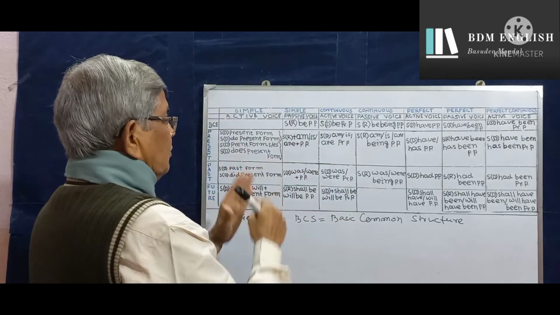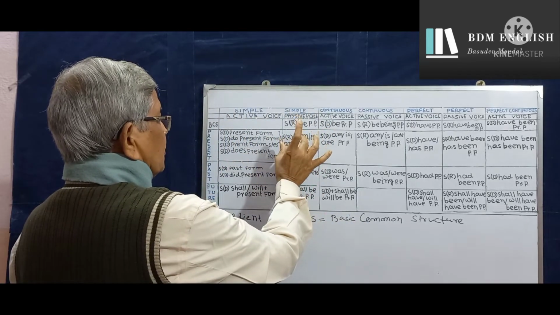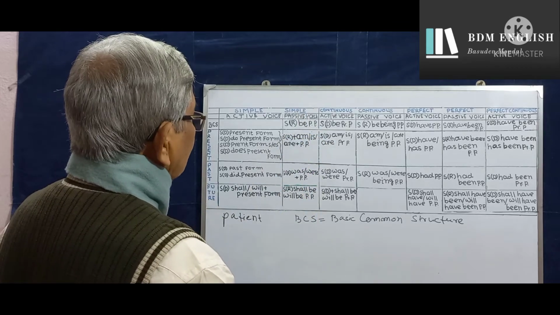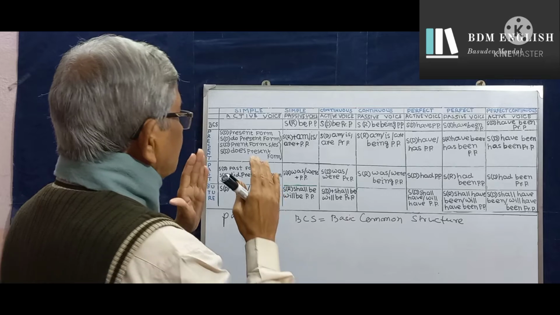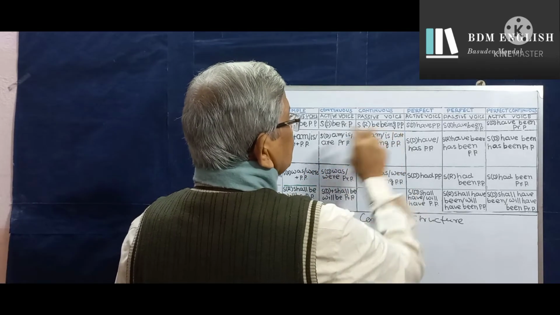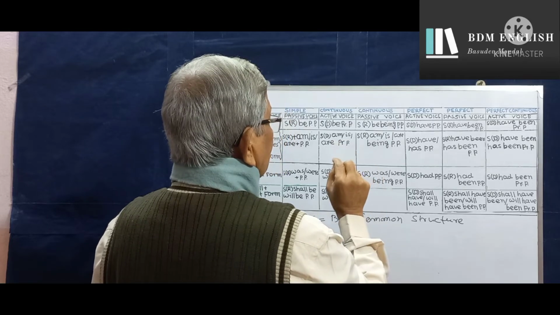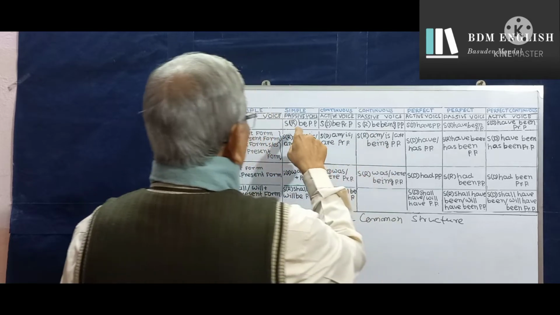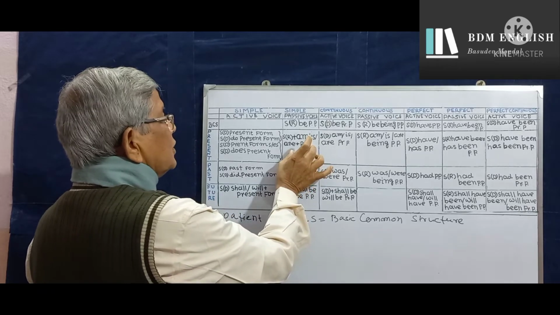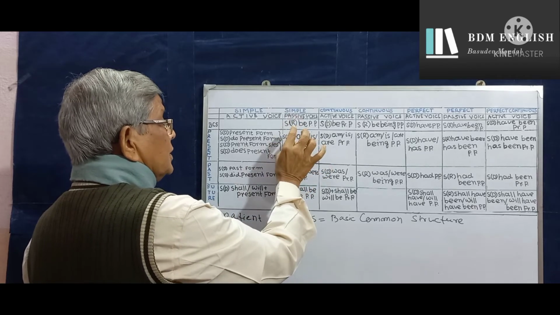This basic common structure is used in all the 3 times, present, past and future. The helping verb, and where there are 2 helping verbs, the first one changes, and where there is one, it changes its own forms. Here it is the same helping verb, be, in different forms.